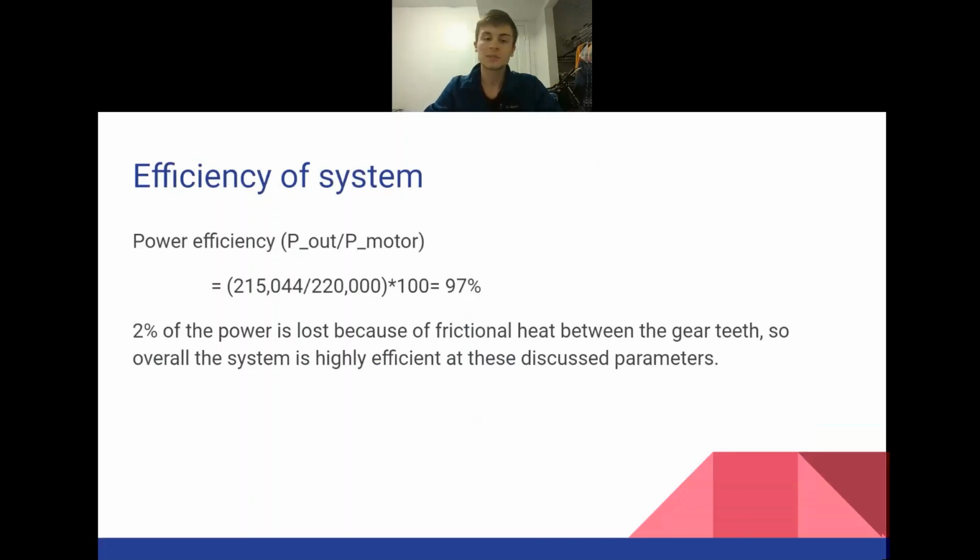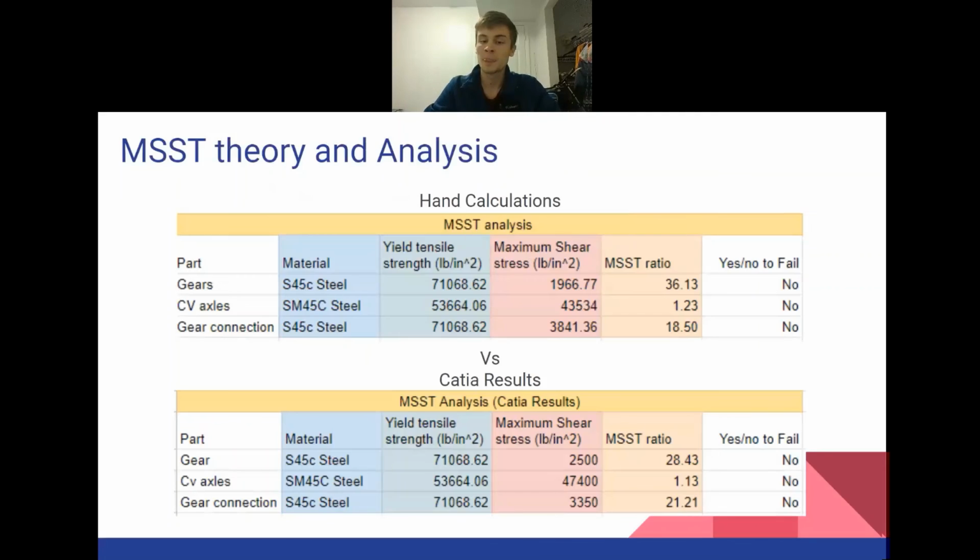Next, we analyzed the performance efficiency using the equation power in divided by power out, finding that the drivetrain is 97% efficient. The loss of performance can be accounted for by the heat from friction between gear teeth. Following this, we analyzed the MSST theory of the system. The results of this can be seen on this slide.